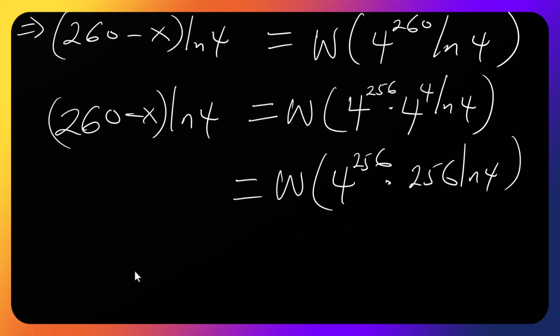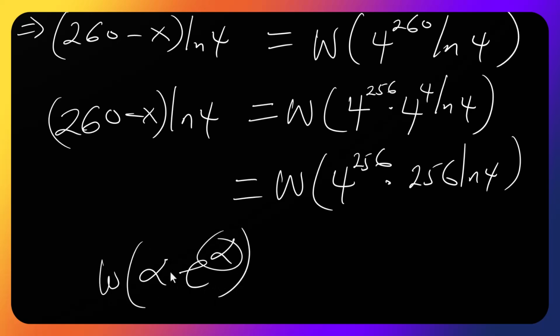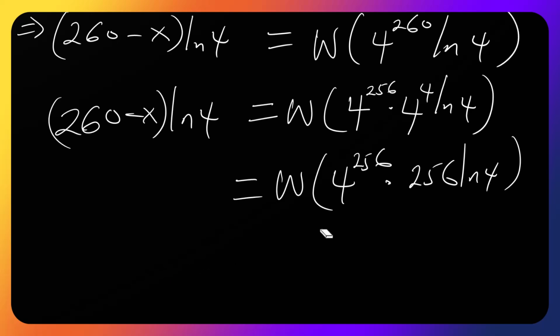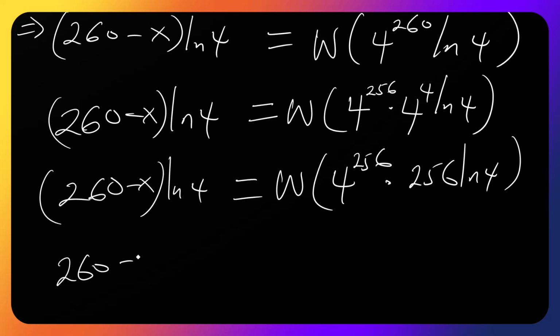Now, what we are trying to do here is very simple. We're going to create this one here, alpha times e raised to alpha, so that my W function will be one of them here. So I'll introduce e, e raised to ln of this. This side remains as 260 minus x ln of 4. So we have W function.